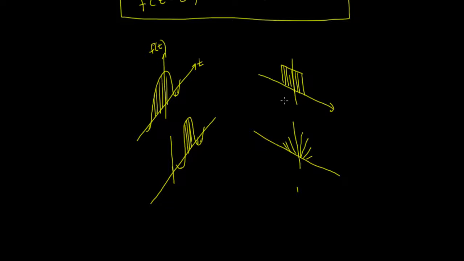Instead of having that straight edge, in 3D it looks like a curve. So it ends up with a real and imaginary part. That's all there really is to say about the delayed impulse.